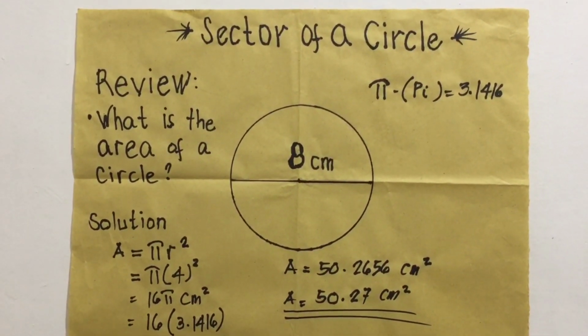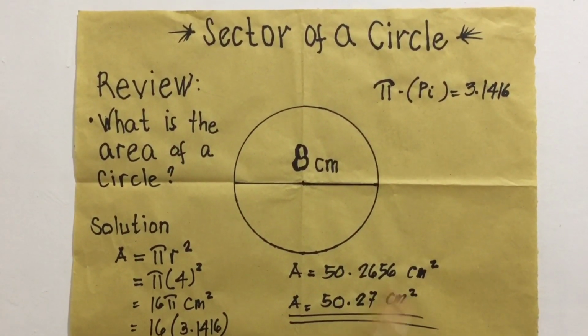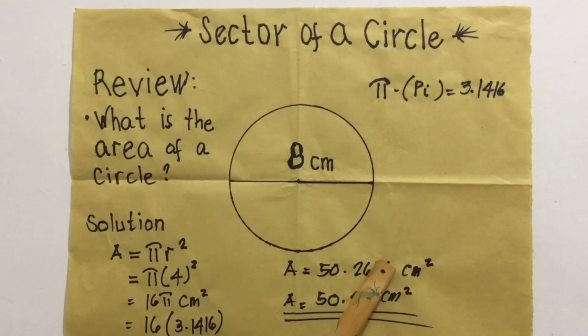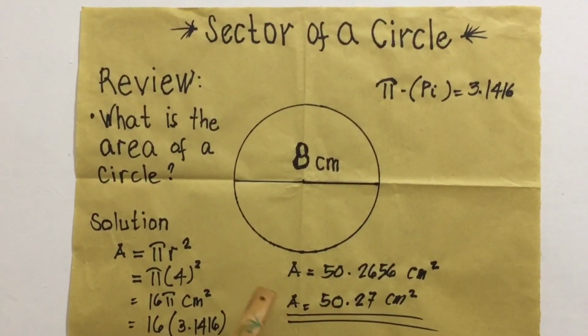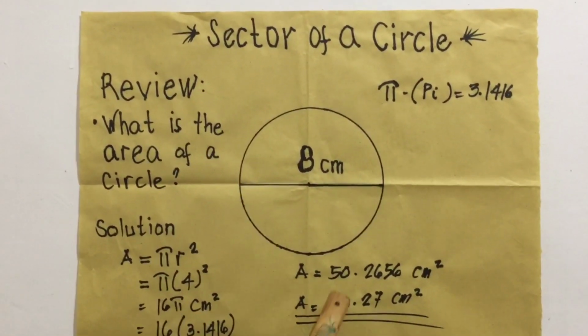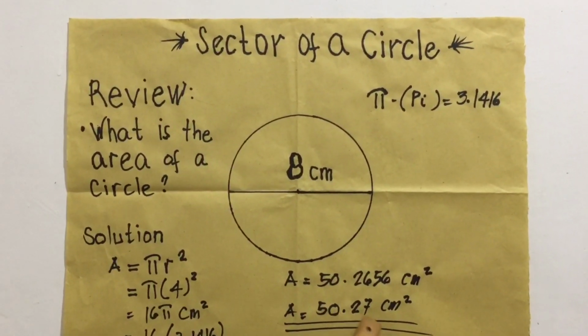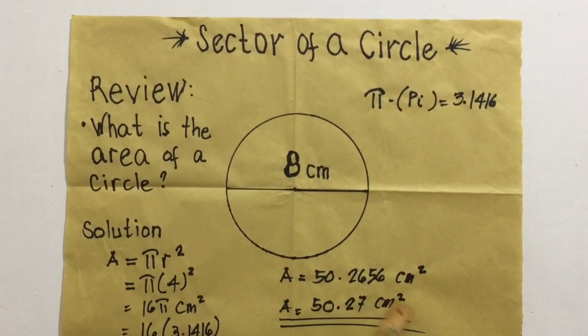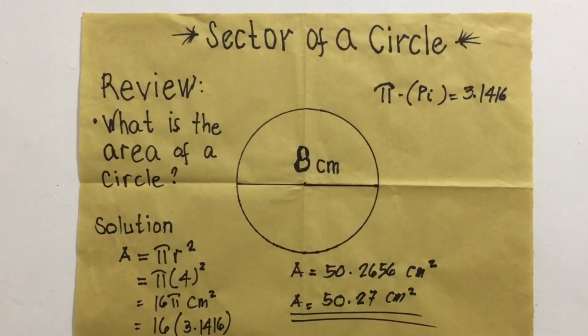Then there are times our teacher requires 2 decimal places. So that's why we need to round off. So the result for our final answer for the area of a circle, area is equal to 50.27 squared centimeter. Double line meaning is our final answer now.